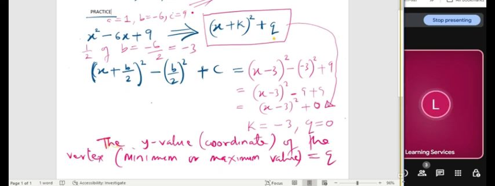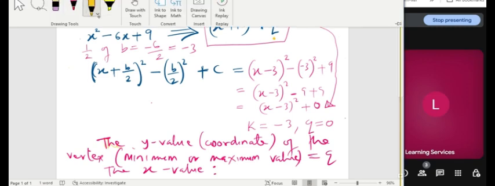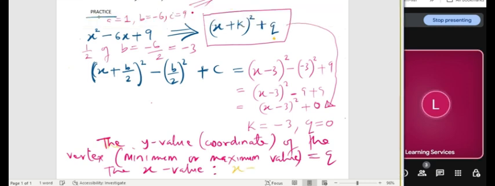And the x value, to get the x value, what you do is, you do whatever is inside the bracket equal to 0 and solve it. So x plus k equal to 0, and then you solve it.